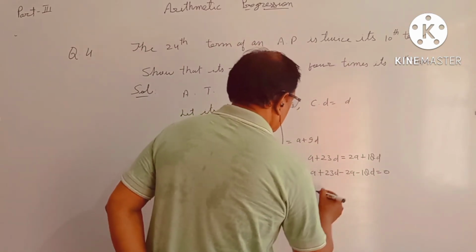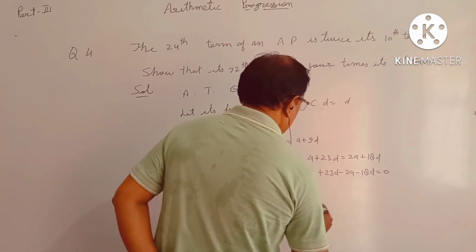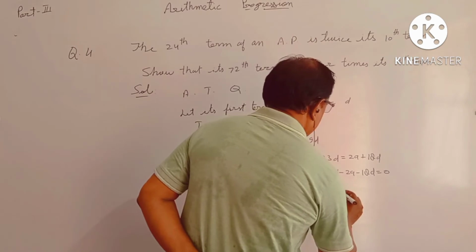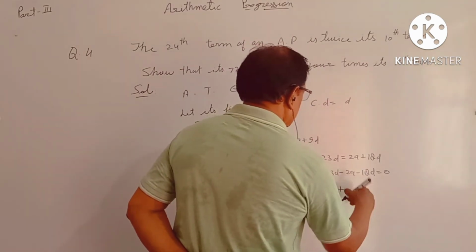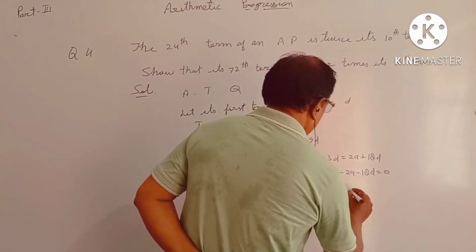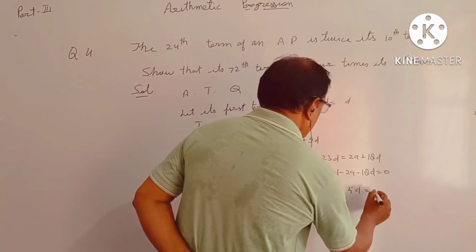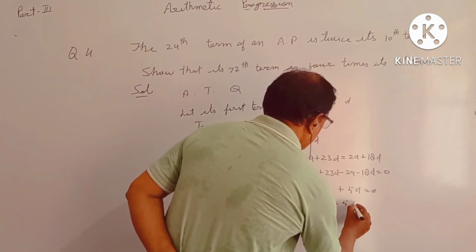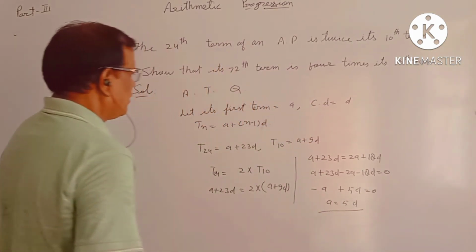As A is here, the negative value is greater, so 2A minus A is A, and 23 minus 18 is 5D, so it is A equal to 5D. Now we have finally A equal to 5D.